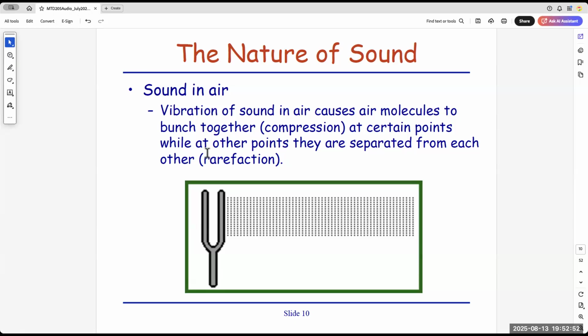Just now I muted it because I want to later let you play some YouTube videos. So let's go back to the slide first. Let's talk about air first for the sound.